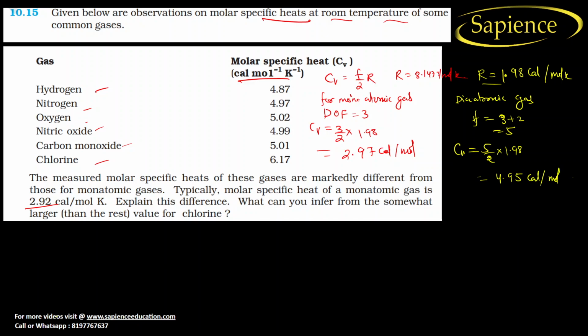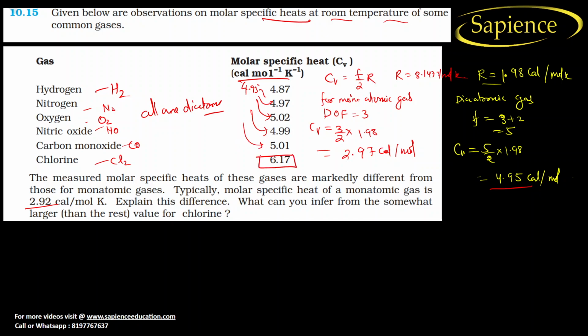Okay. So when we compare, hydrogen H2 is diatomic, N2 diatomic, O2 diatomic, nitric oxide NO diatomic, carbon monoxide diatomic, chlorine Cl2 diatomic, all are diatomic. So see here, what we have got is 4.95, approximately equal to 4.9.